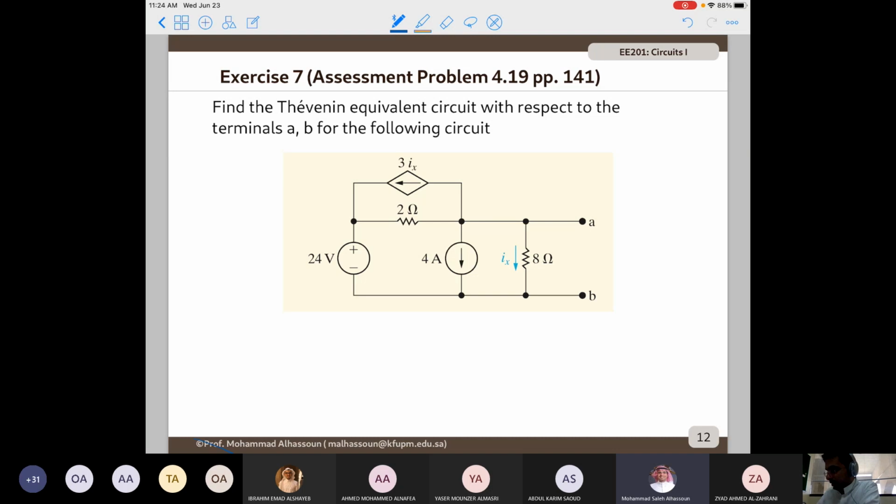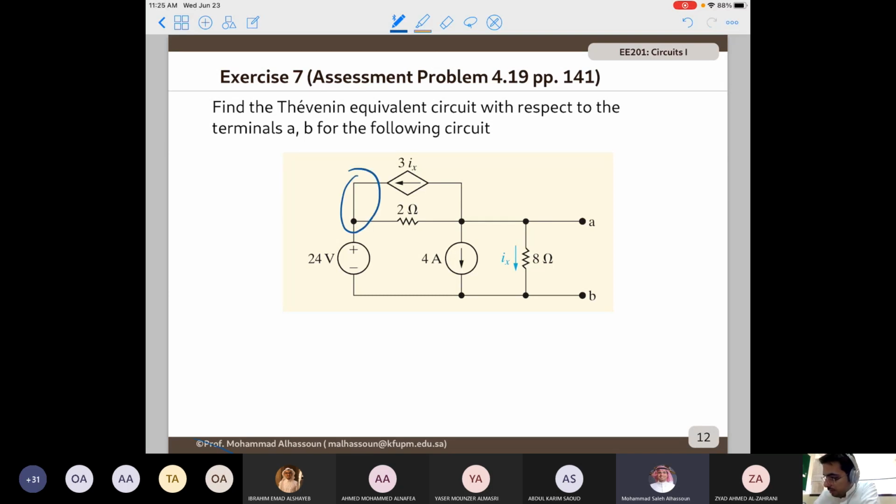Maybe here it's easier to apply the node voltage method, for an obvious reason: you only have one node voltage.